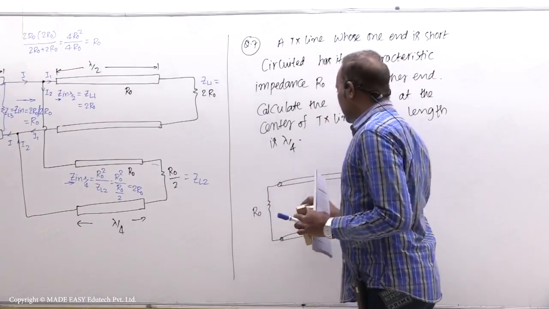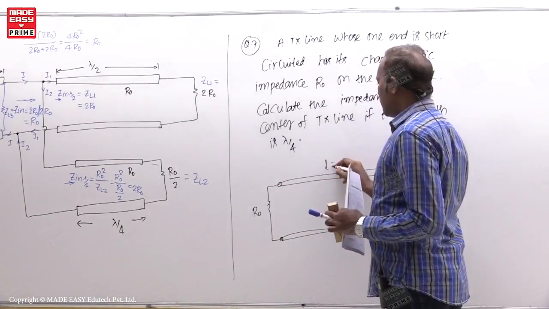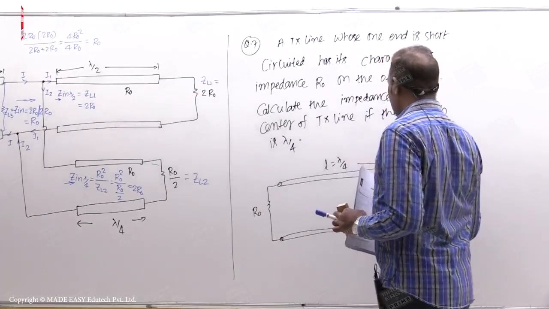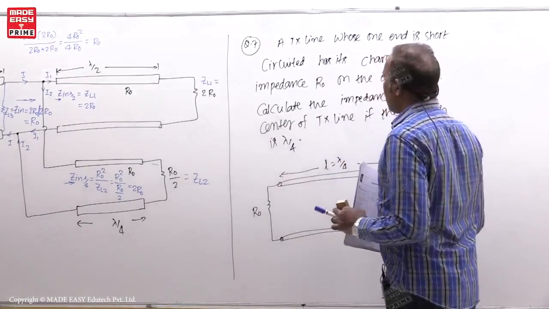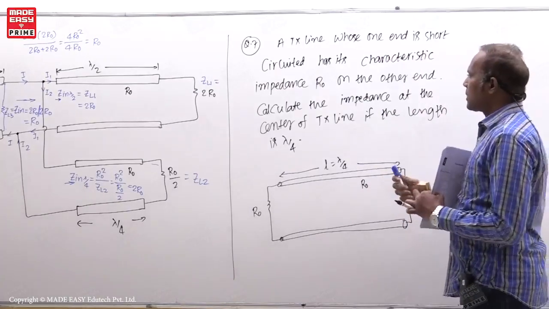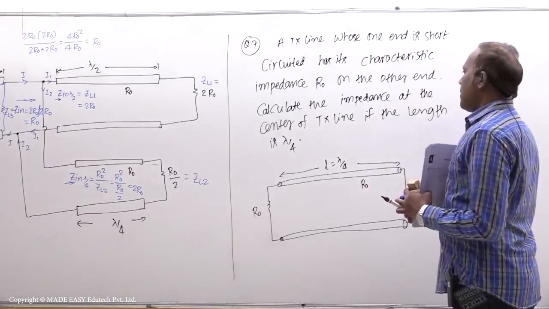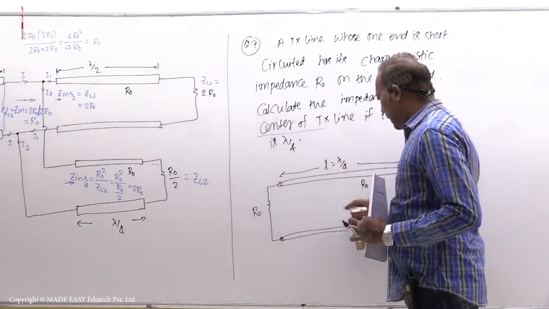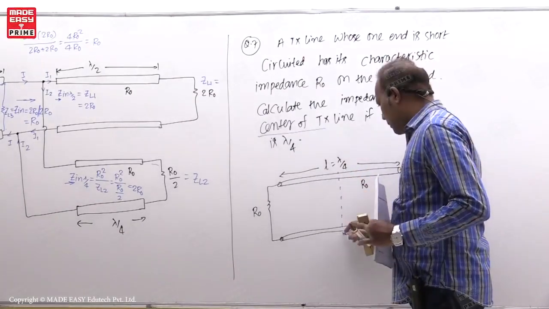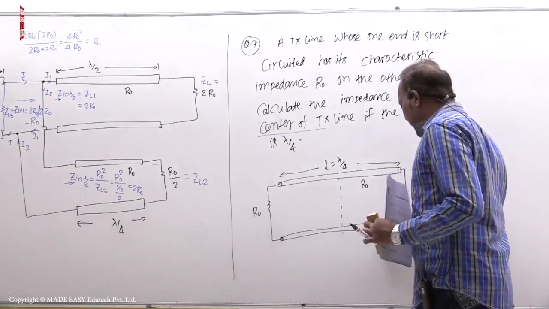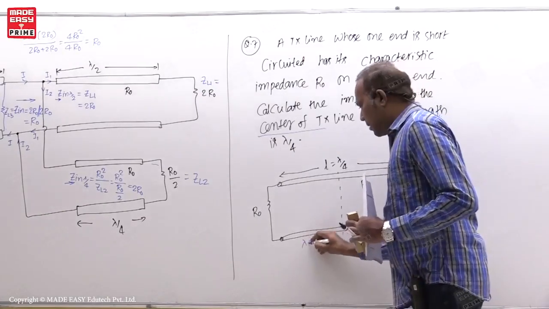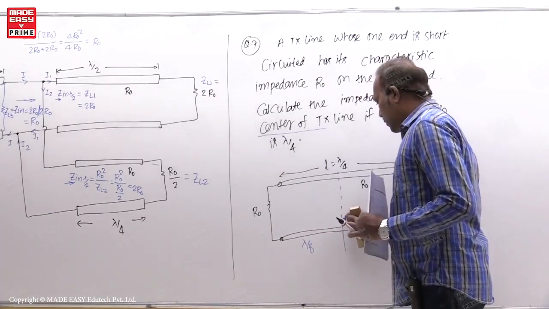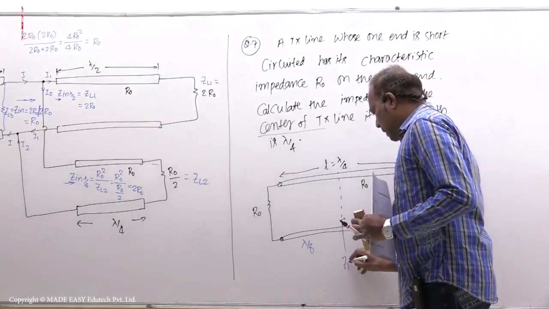Then the overall length is equal to lambda by 4. Now what is the impedance of this transmission line at the center? Center means here, this is lambda by 8 distance, this is lambda by 8 distance. So you need the impedance here, the input impedance Zin.